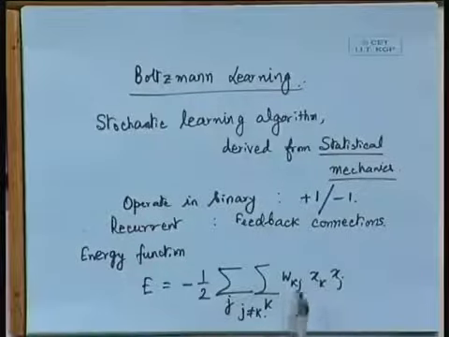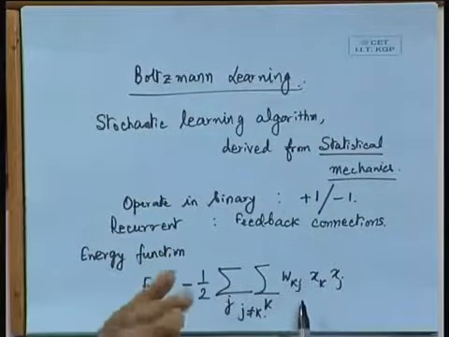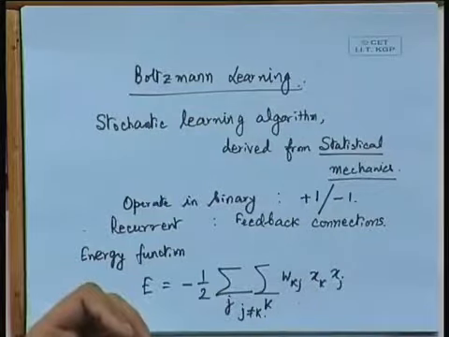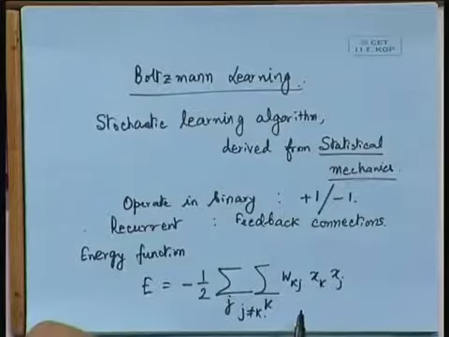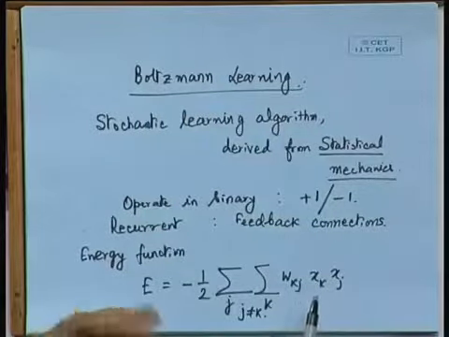So, it is Wkj xk xj. xk and xj are the inputs, and inputs could be either at the level of +1 or -1, and some weight Wkj is associated, and we are summing up all these products, and together that signifies an energy function for this entire network.